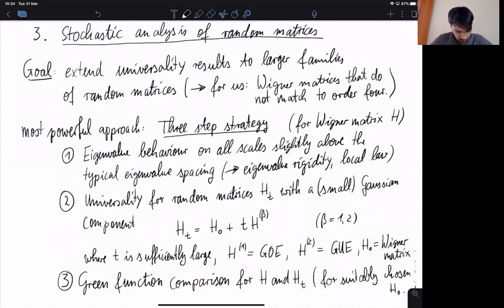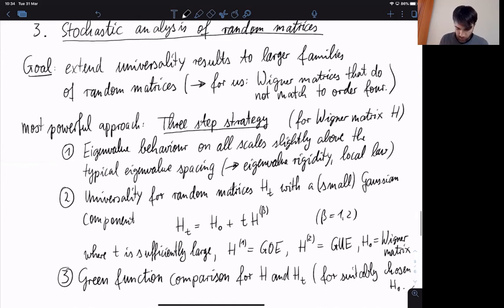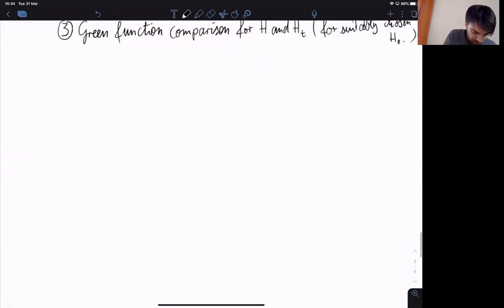And then I want to give you some picture which in some sense encodes these 3 steps, or at least the second and the third step, so that you have something in mind that you can relate to, that you can keep in mind. So, a graphical idea for 2 and 3.